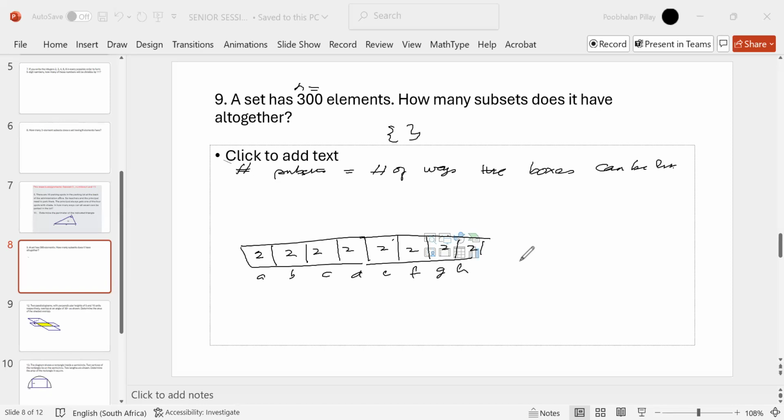So the total number of ways here is 2 times 2 times 2, which is 2 to the power of 8. This is the number of ways in which you can light up the boxes. Number of ways boxes can be lit. And as we said, this is equal to the number of subsets.